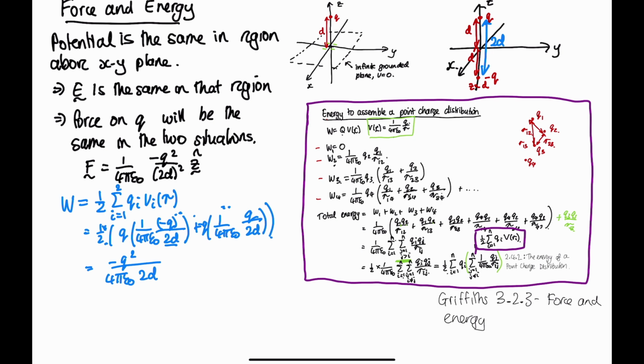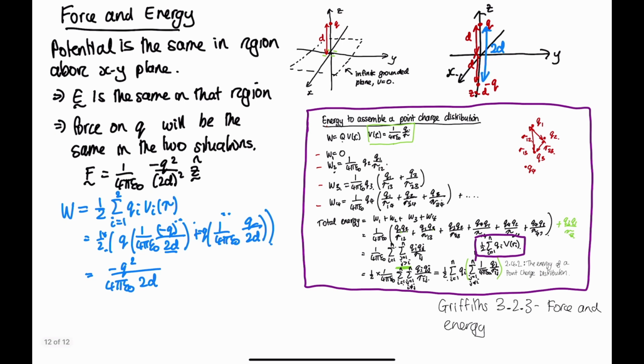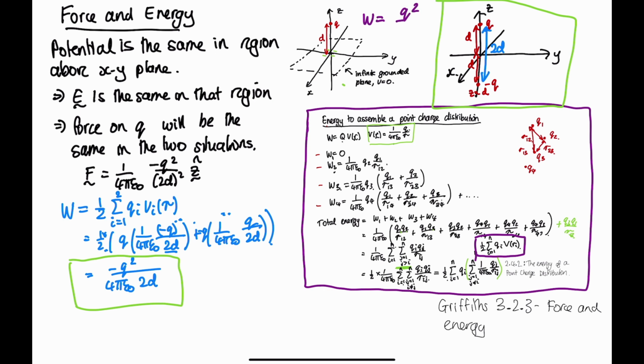So this tells me about the amount of work that I need to assemble this situation here. Now, if I think about assembling this one, it is in fact only going to be half of this. So we'll have that the work for this case turns out to be Q squared over 4 pi epsilon naught on 4D.